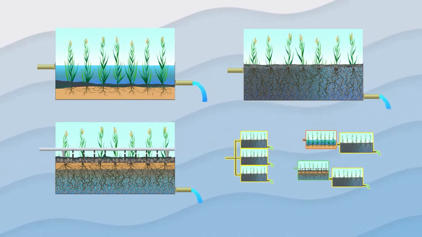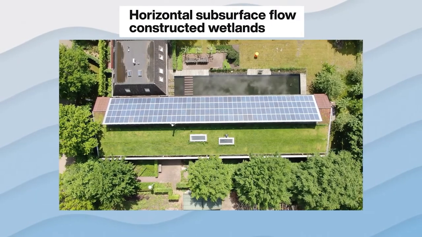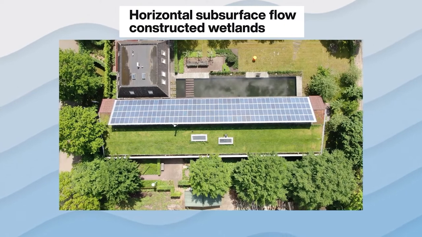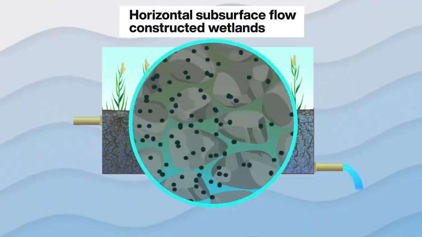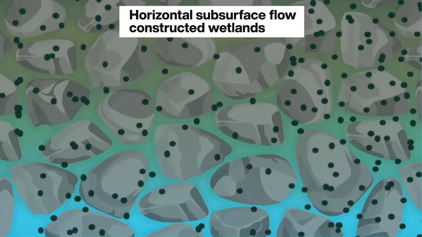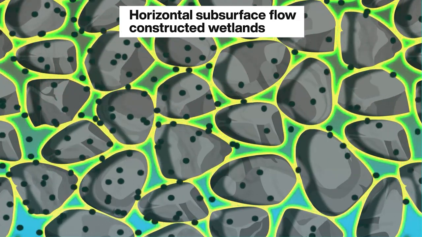Could you please describe a horizontal subsurface flow constructed wetland? This type of constructed wetland has 4 main features. First, its substrate works both as a filtering sorbent and a matrix for biofilms.